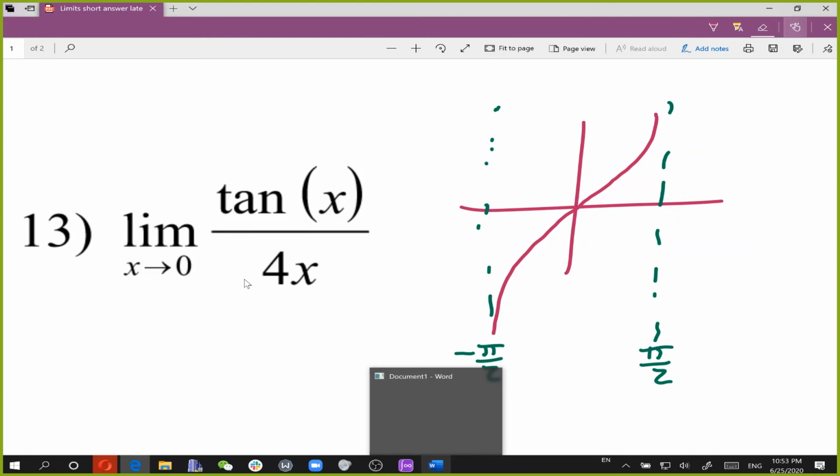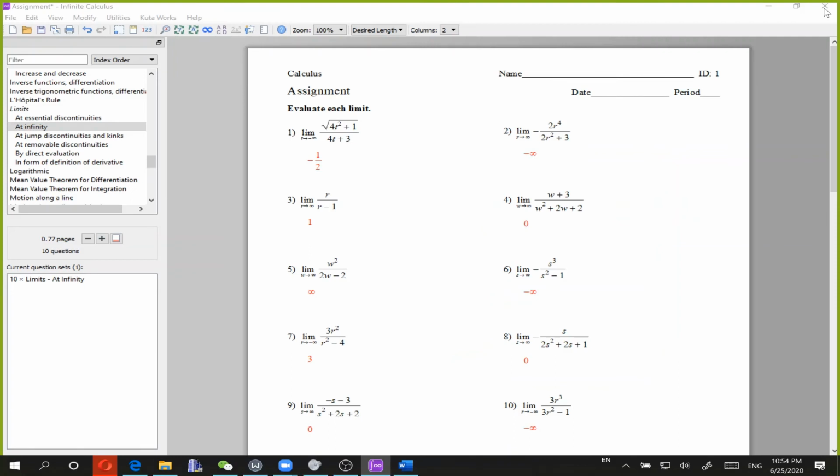Unfrozen? Can I erase? Nope. There we go.